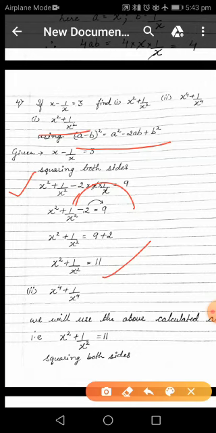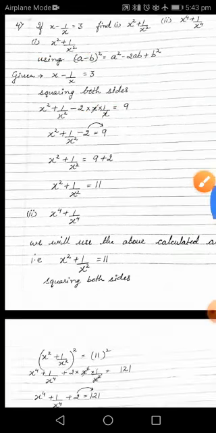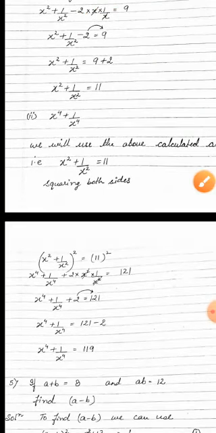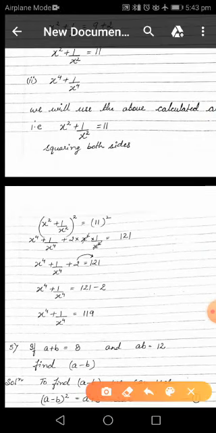Second part, we have x4 plus 1 upon x4. We'll use the above calculated result, that is x square plus 1 upon x square is equal to 11. Again we'll do what? Squaring both the sides. After squaring both the sides, we'll get x raised to the power 2 whole square will result in x4, and 1 upon x square whole square will result in 1 upon x4 plus 2 into x square into 1 upon x square.